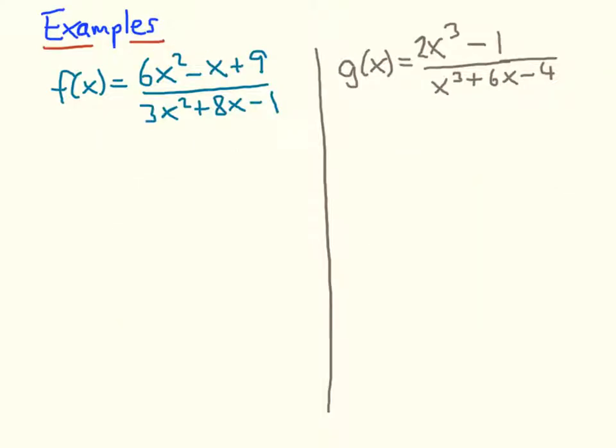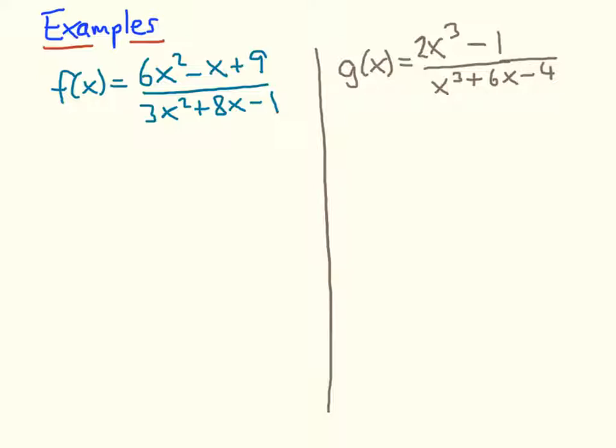So on this slide what I want to do is to go through two examples of rational functions and find the horizontal asymptotes that they have. And the key thing to notice that tells you they must have a horizontal asymptote is that the largest power of x in the numerator is the same as the largest power of x in the denominator.